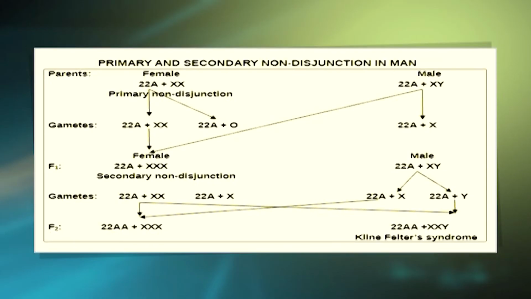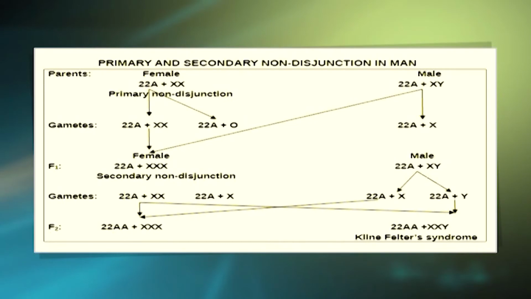Now, let us look into the third one, that is primary non-disjunction. Non-disjunction occurring in the gonads of normal organisms is called primary non-disjunction. This is depicted in the following table. If non-disjunction occurs during meiosis, it is termed primary non-disjunction if it occurs during the first division.